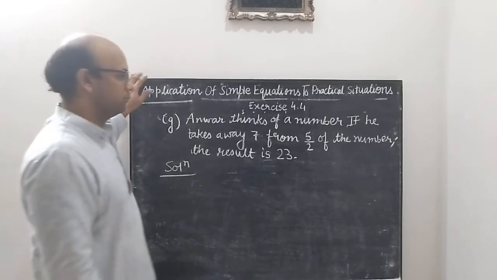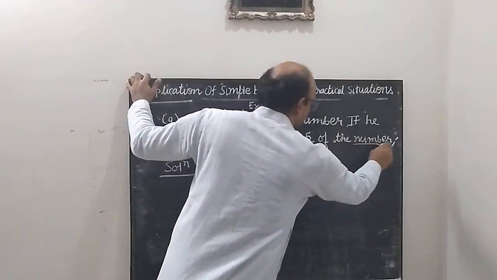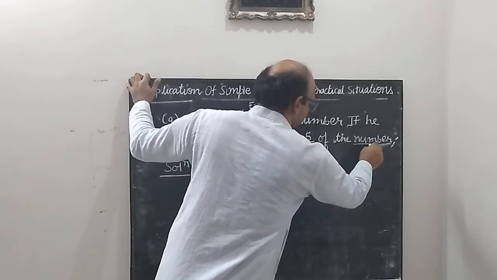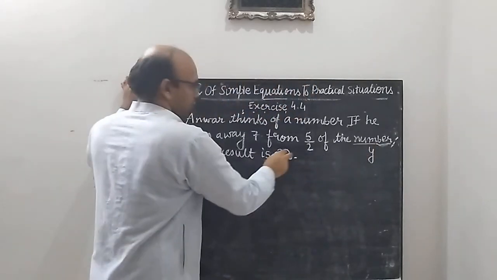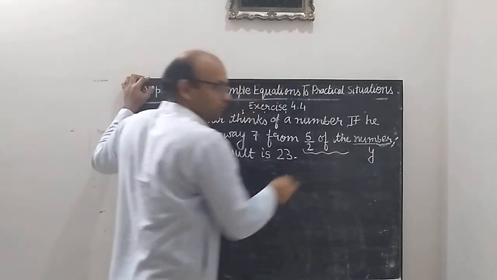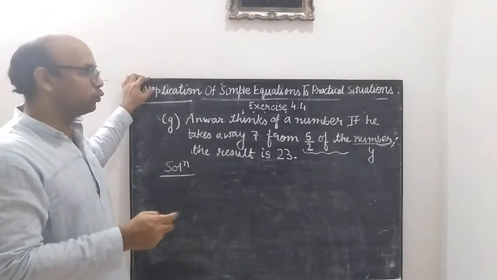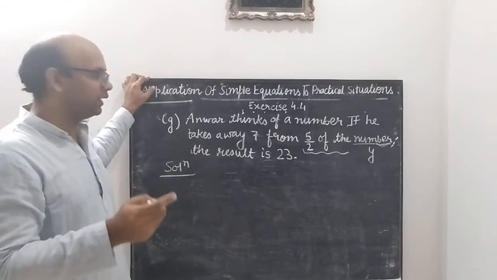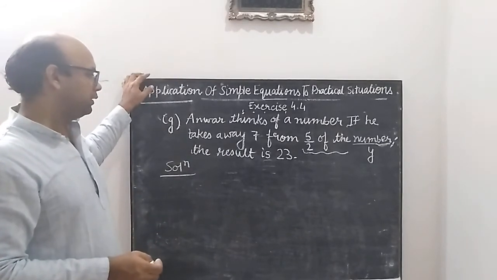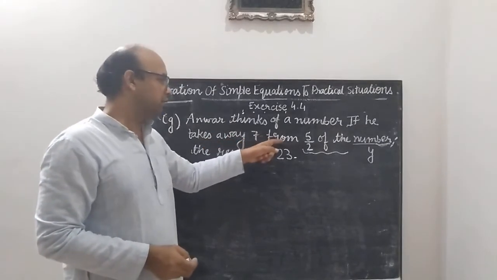Again, we take the number to be, say, y. We have 5 by 2 of the number, and "of" again means multiplying. 5 by 2 of the number means 5 by 2 into y, takes away 7 from it.